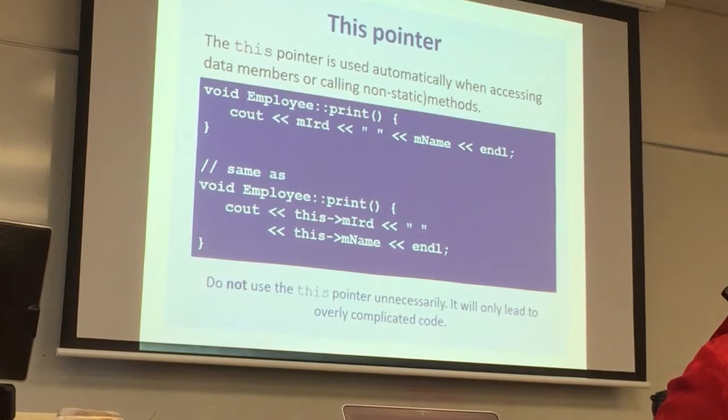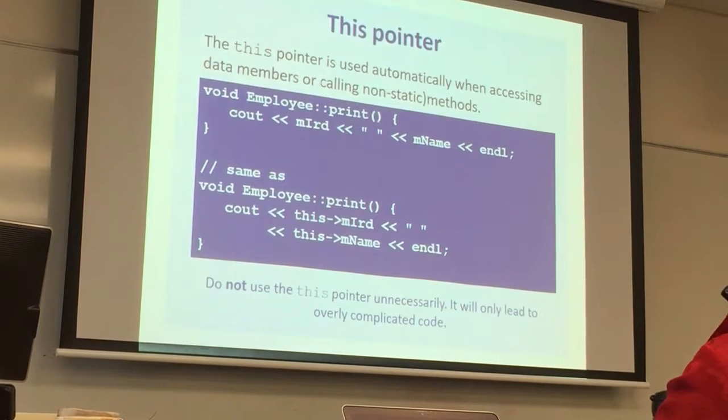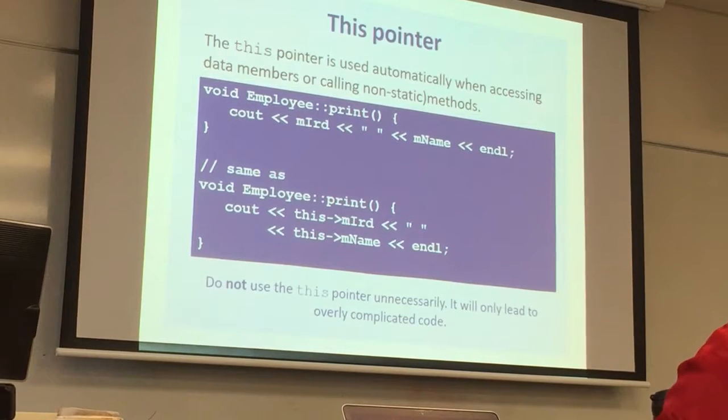Be aware that each method of the class which is not associated to the class itself, a method which is not a static method, comes with a hidden parameter, this, and you can access it. But if this print were a static method, it's not associated to any object, it's associated to a class, so that print wouldn't have any this pointer.